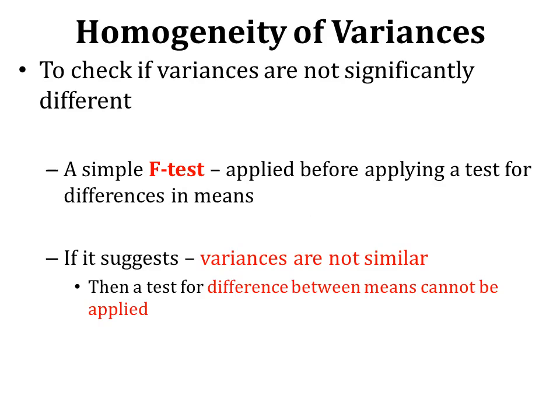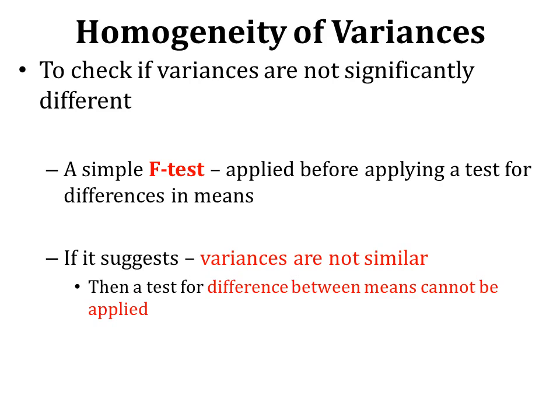To check the homogeneity of variances, we can apply a simple test, and that test is called the f-test, which is basically the comparison of variances. It is applied before applying a test for differences in mean, and if the result suggests variances are not similar, then a test for difference between means cannot be applied.